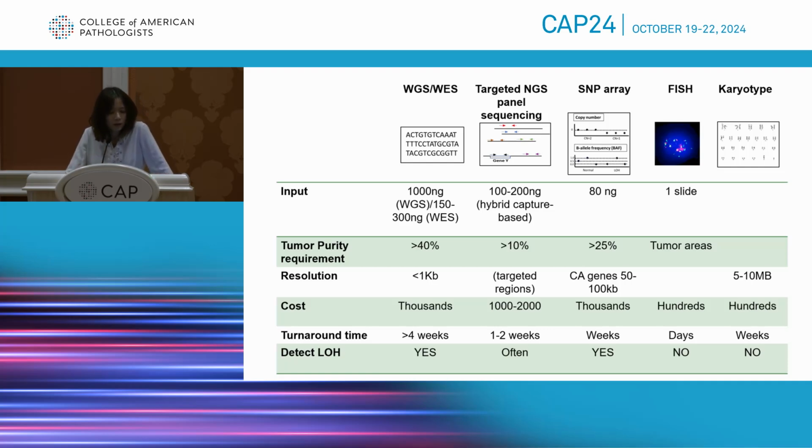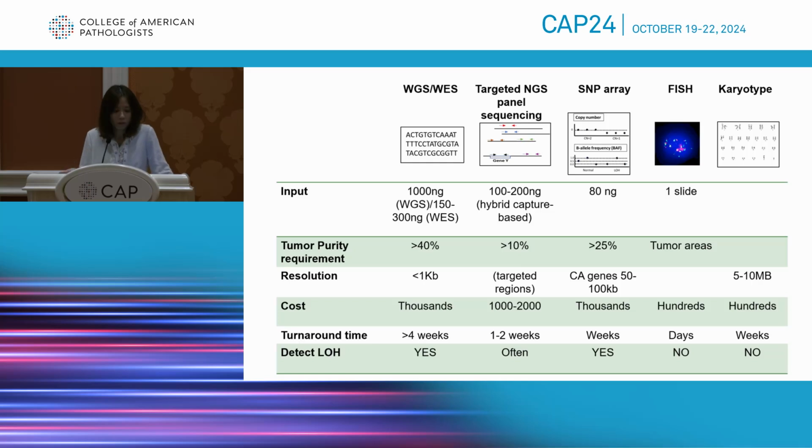The second thing that you can consider is something like a targeted panel, or the SNP array. Those things work somewhat in the middle. You probably do not need that high of a tumor percentage, and most of the time they can give you loss of heterozygosity information as well. The resolution kind of depends, but when we talk about SNP array, it can potentially go down to like 100 kb.